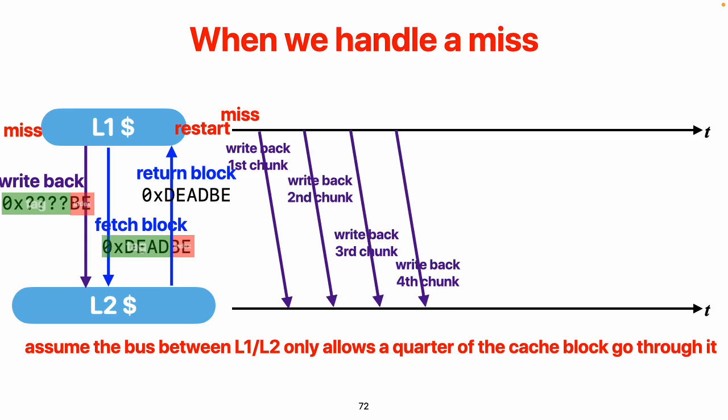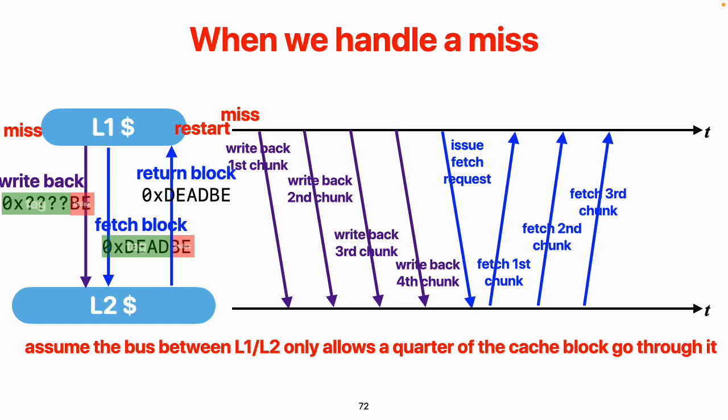Because you have limited bandwidth, typically 128 or 64 bits, if you have a block with 64 bytes, you might need to partition these transactions into 8 different times. Because the slide is not that long, I only show it for 4. After these 4 writes, you can finally fetch the block and return it to the upper level of the memory hierarchy.